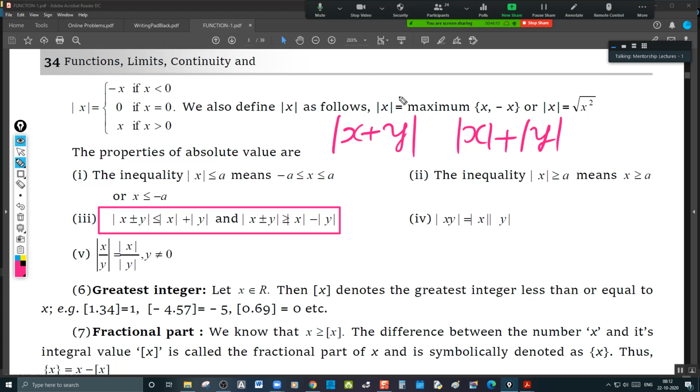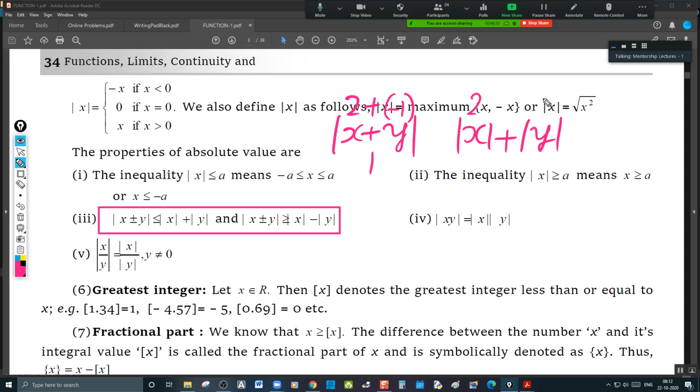Then how do you remember this? How do you remember this? Is not by hearting. You just do it like this. You write it as one number as 2. It should be true for all real number system. I'm writing x as 2 and y as minus 1. Then what is 2 minus 1? It is 1. And what is mod 2? 2.